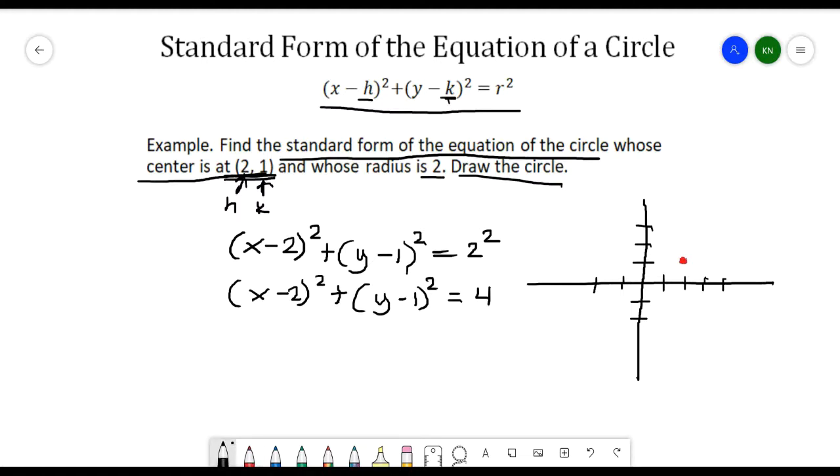This is the center of our circle. And as we know, the radius of our circle is 2. So you need to count 2 points after the center.